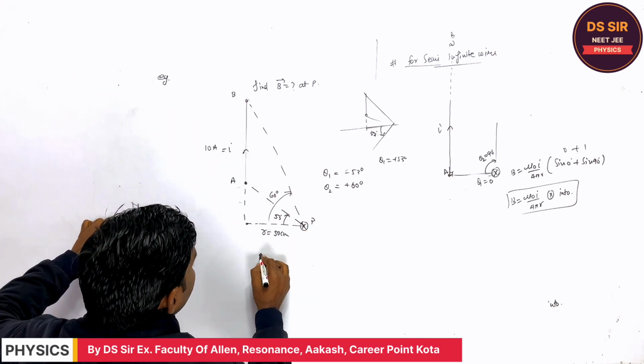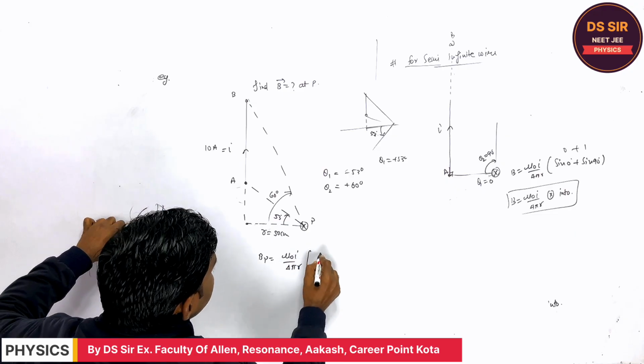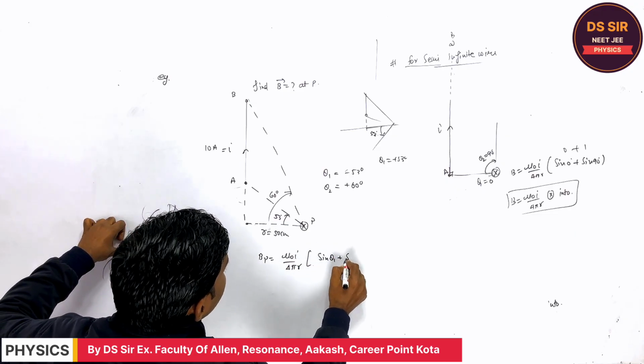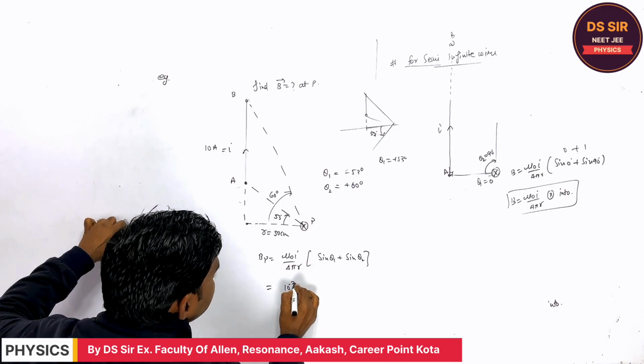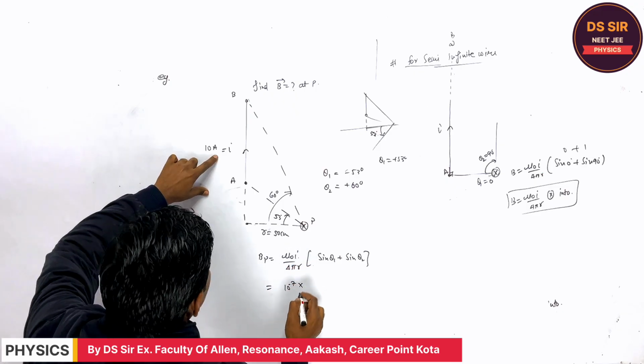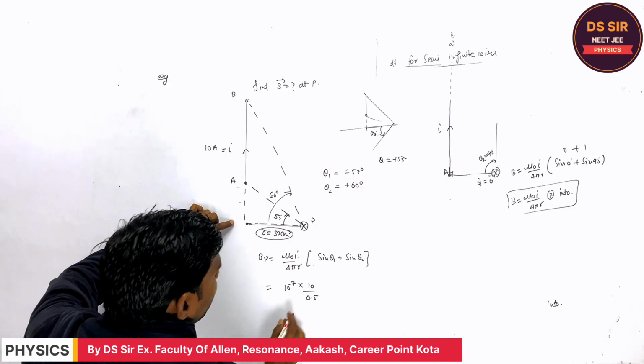Yes. So B at P is equal to mu naught I upon 4 pi r into sine theta 1 plus sine theta 2. Mu naught upon 4 pi is 10 to the power minus 7. The current is 10 ampere. The perpendicular distance is 0.5.